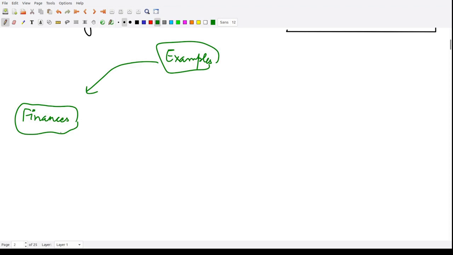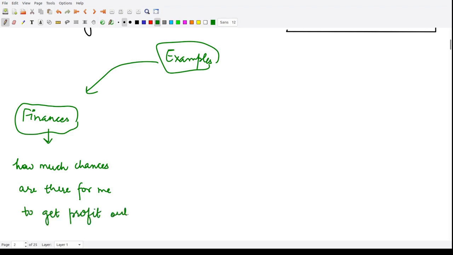So if you are looking at the finances from the point of view of asset, or you are basically applying or buying certain stocks and shares, from that what you are to do, you are to see how much chances are there for me to get profit out of a certain deal, right? So there also you can see probability.